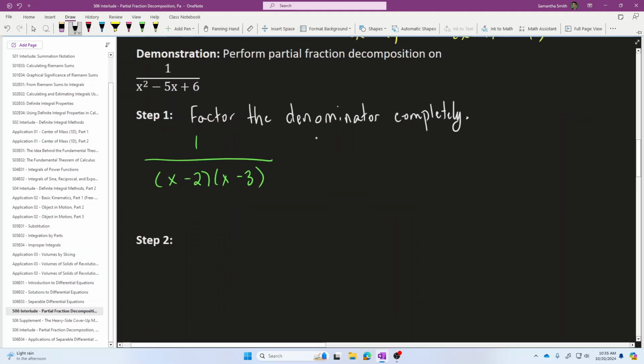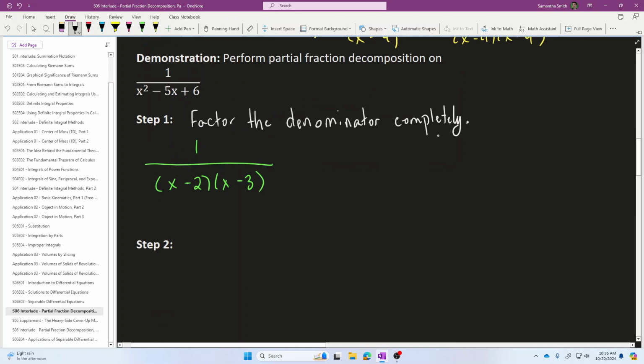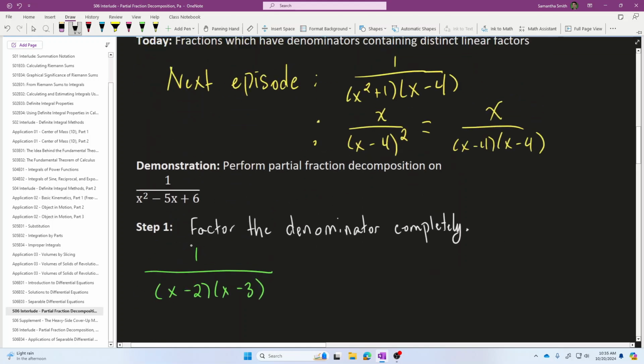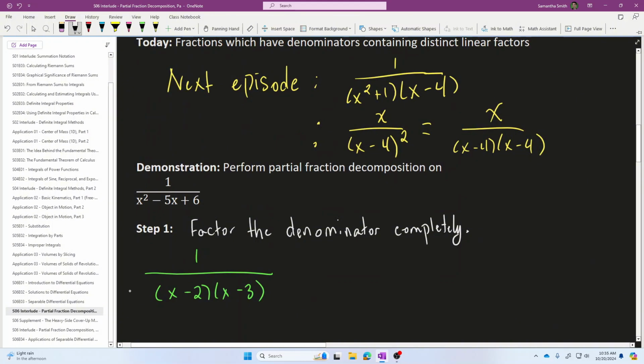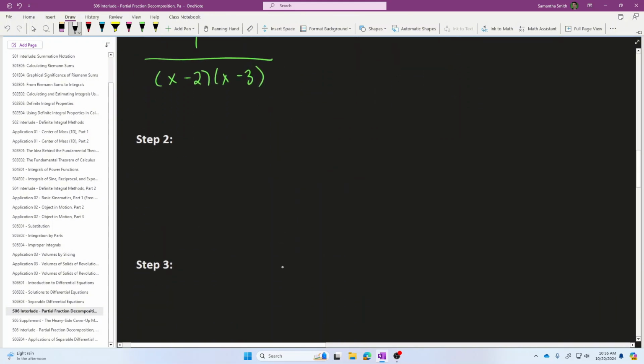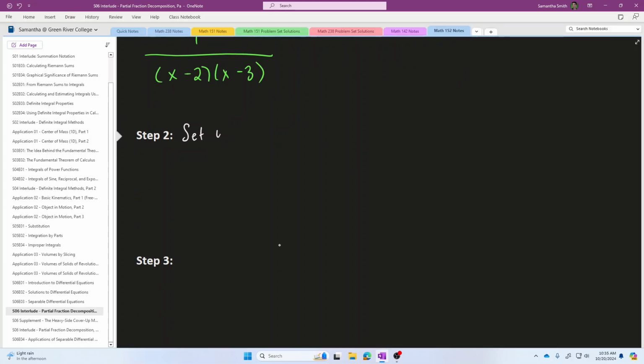Step number 2, once you have factored the denominator completely, and you've seen that your denominator contains distinct linear factors, the next thing that you're going to do is set up a template for the decomposition.